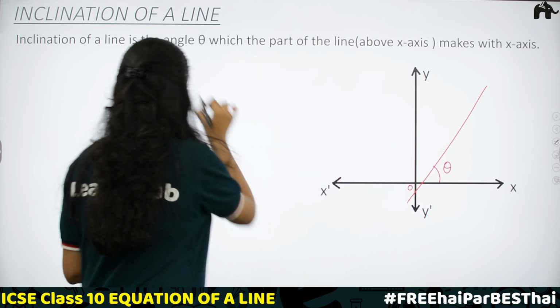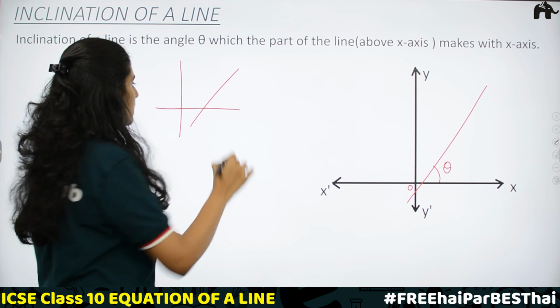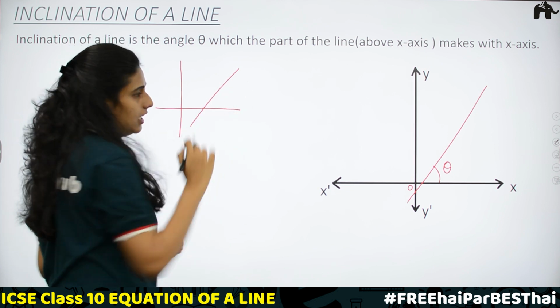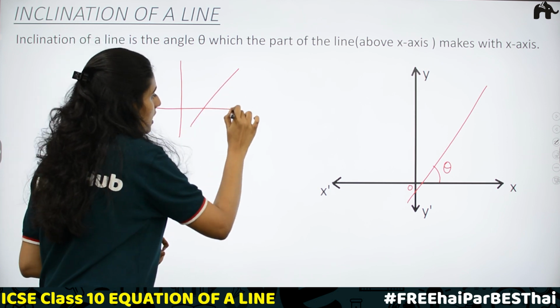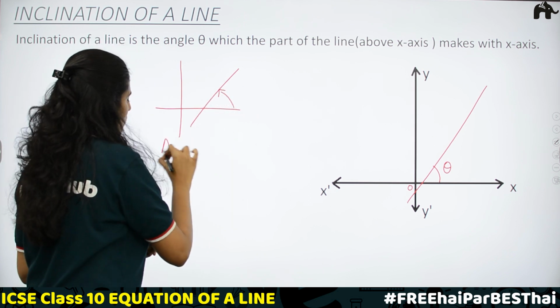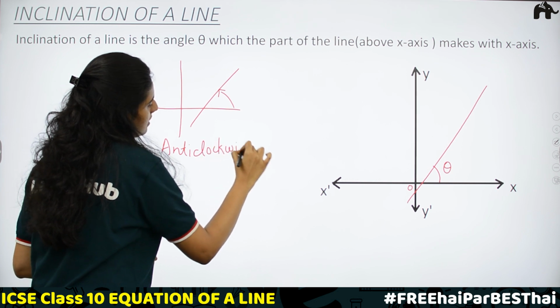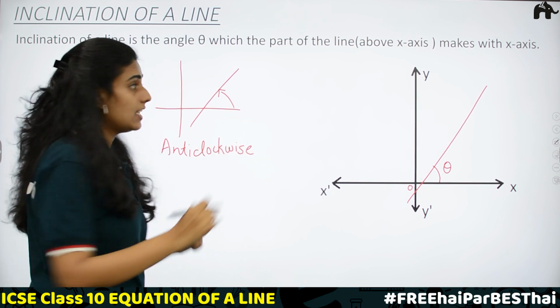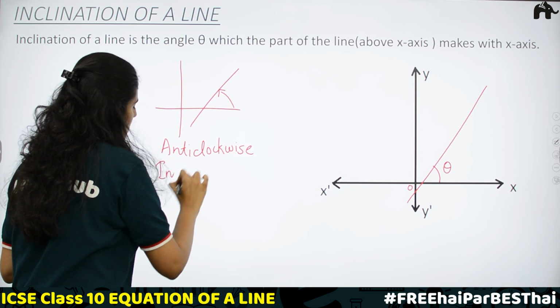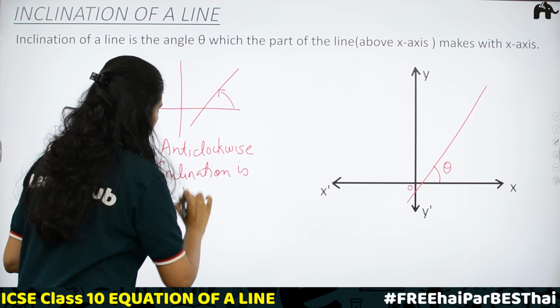Now, if I am taking this inclination, I am measuring the angle like this, that is anti-clockwise. If I am measuring anti-clockwise, then we say that the inclination is positive.